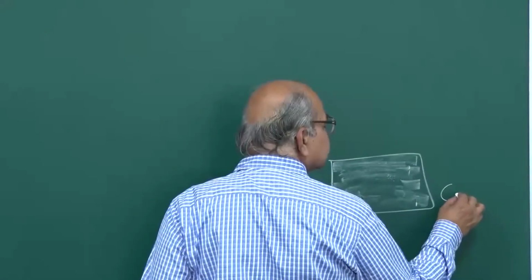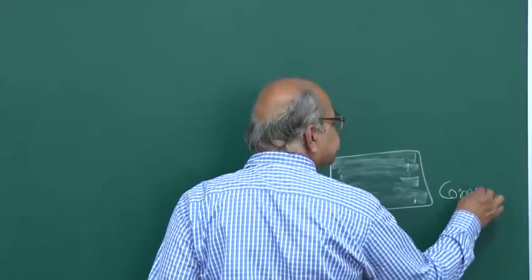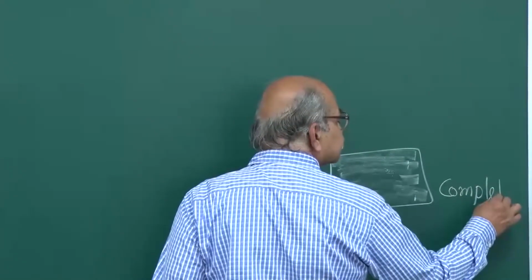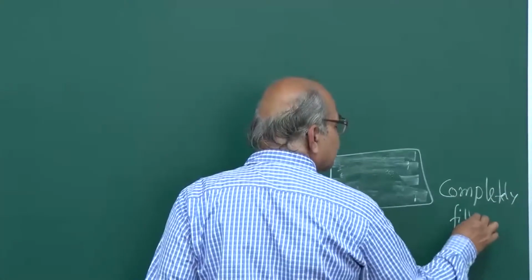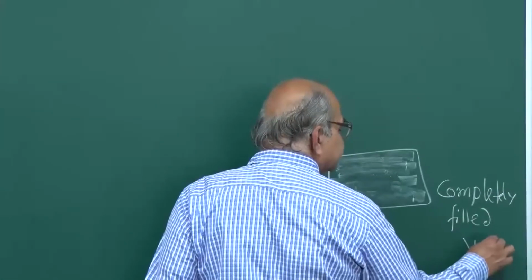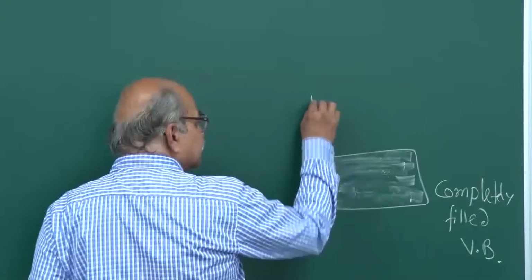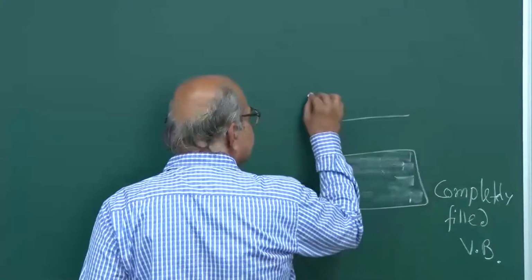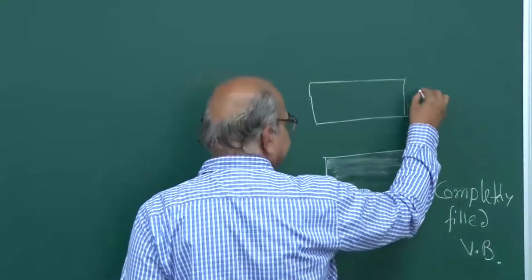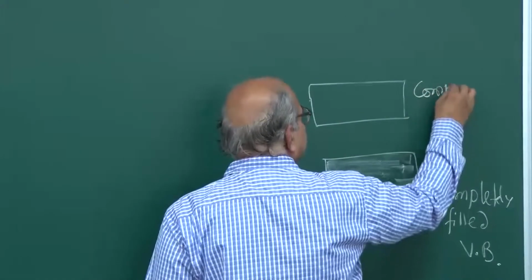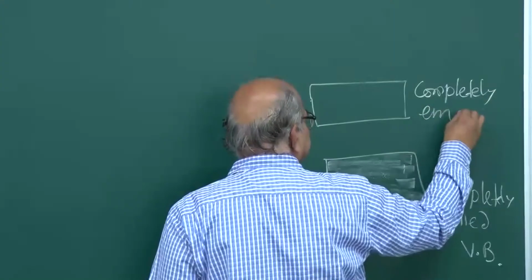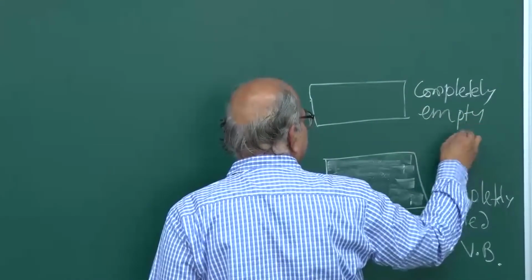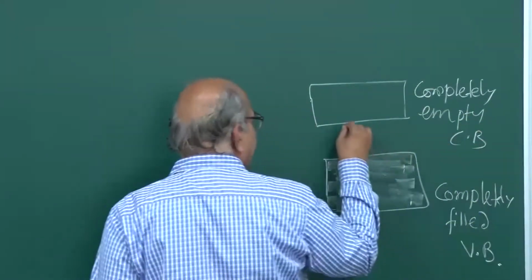So, this is completely filled. Valence band, and then you have a completely empty conduction band, with a gap Eg.